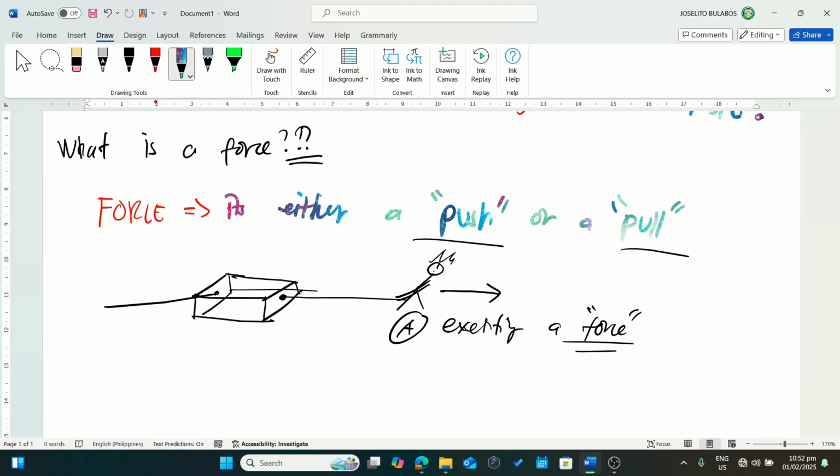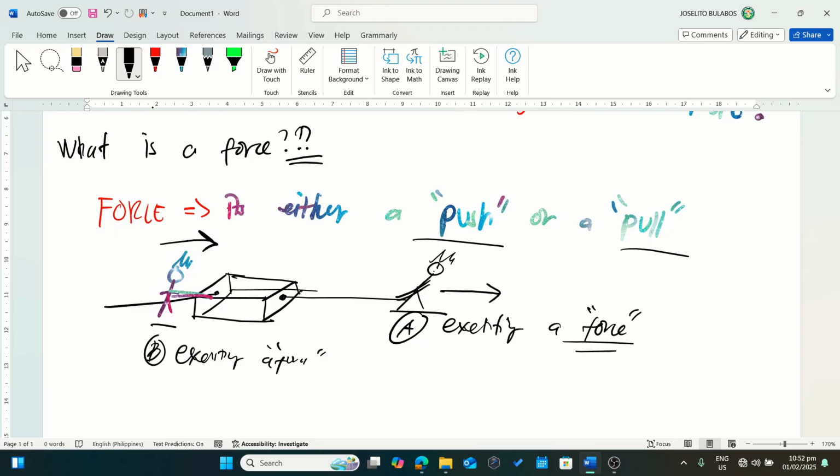On the other hand, if we have someone pushing this box in this direction, this means that this person B is exerting a force, since this one is pushing and this one is pulling.